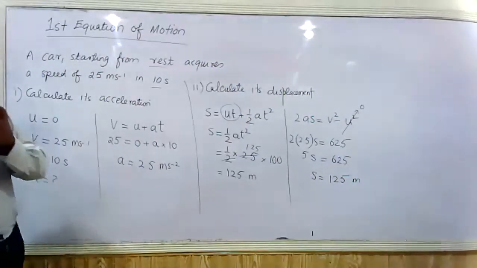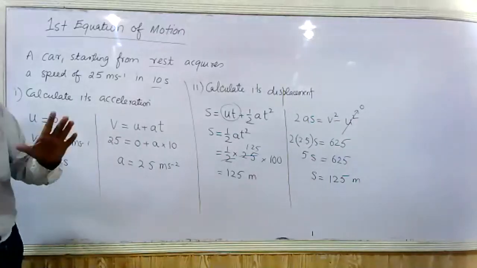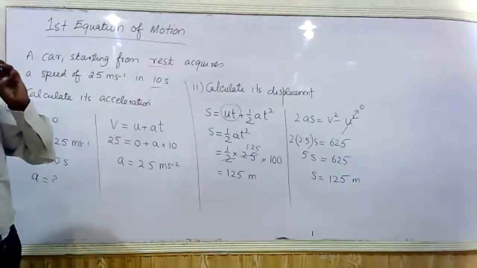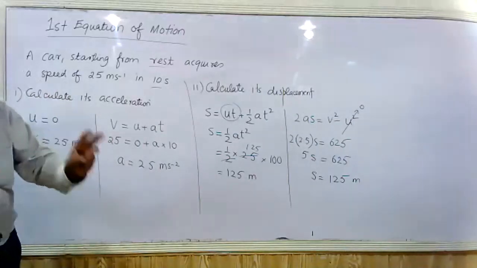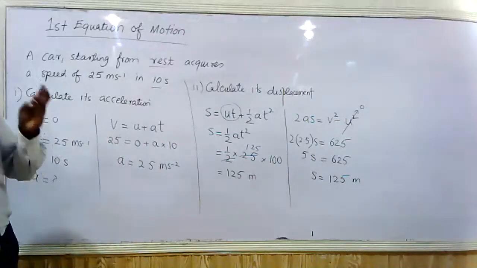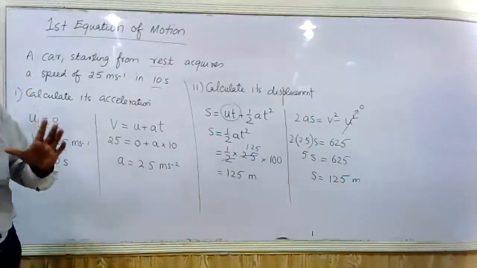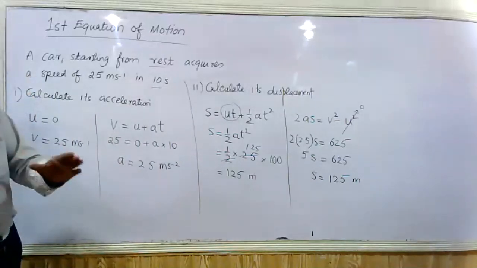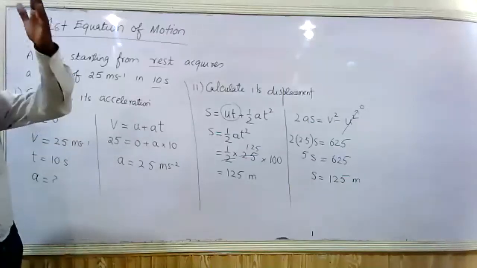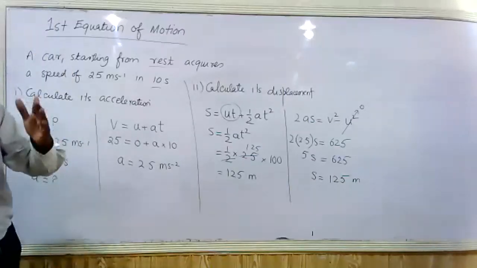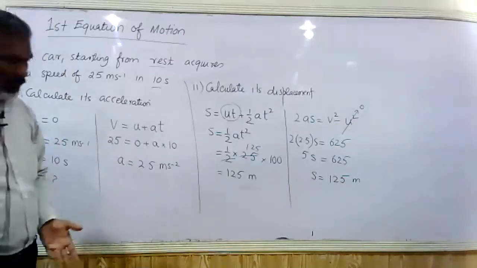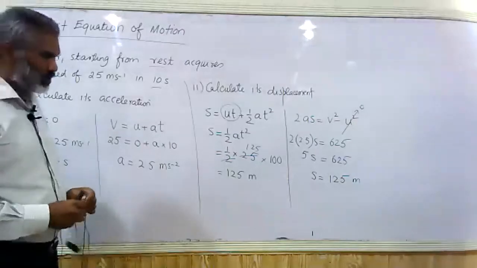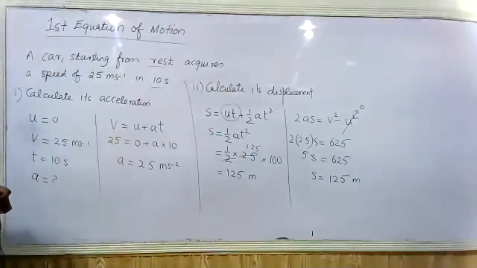Remember, equations of motion are applicable in all those situations in which the objects are moving along a straight line at a constant acceleration. Objects falling freely or thrown upward also fulfill that condition, so the equations can be applied to them.